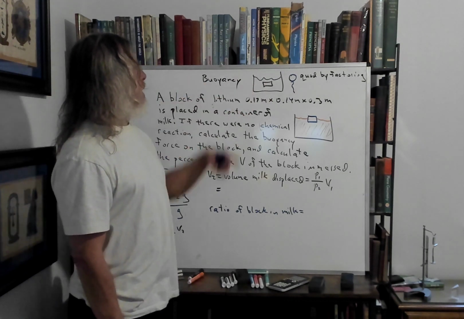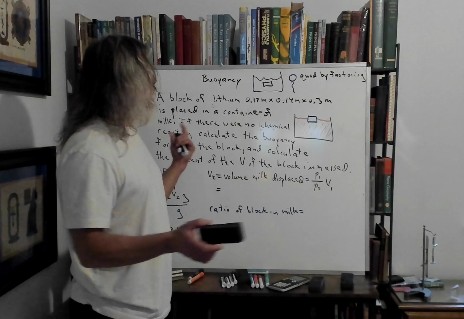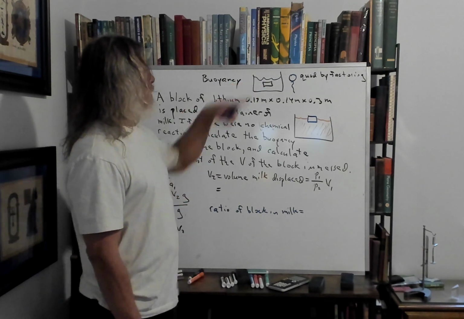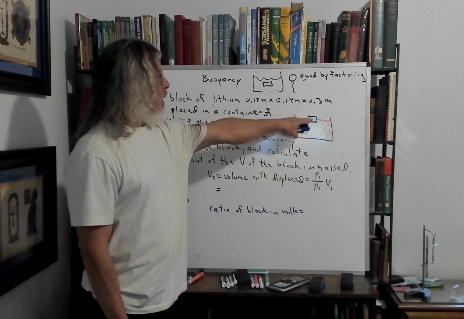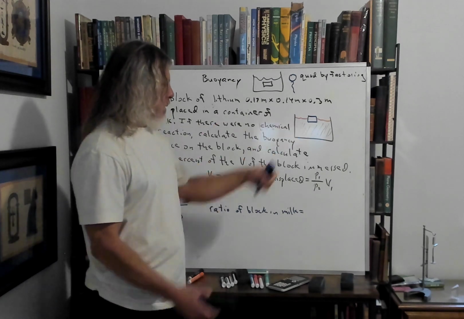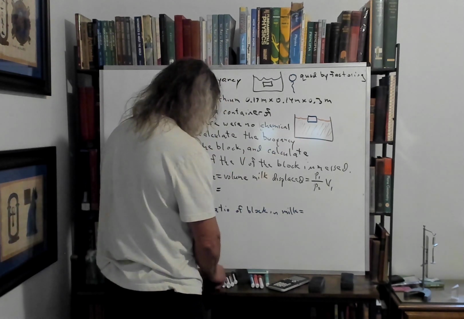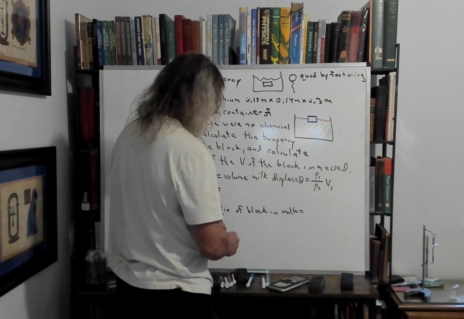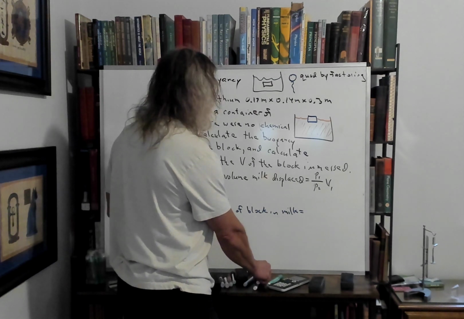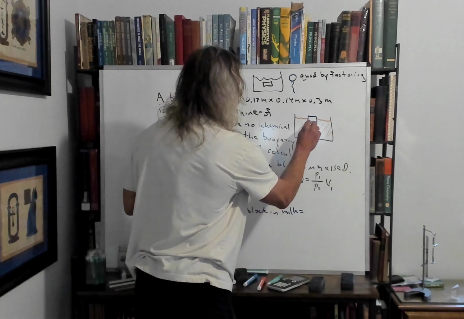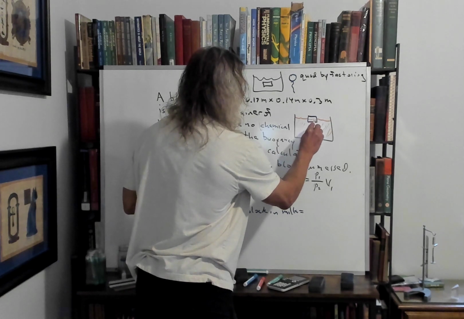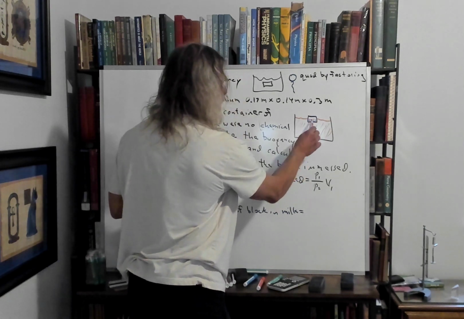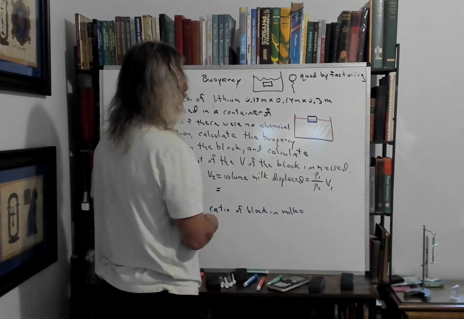Water is pushing on this. How much water? However much this is pushed out of the way. So here, there's only this part of the water or milk, this volume in red, that has been pushed out.